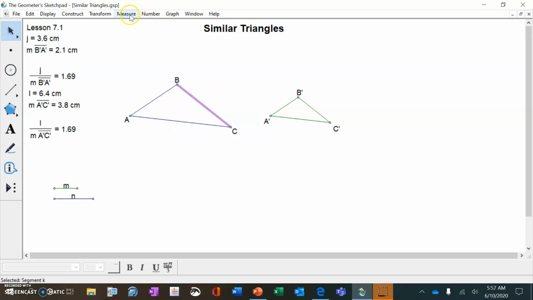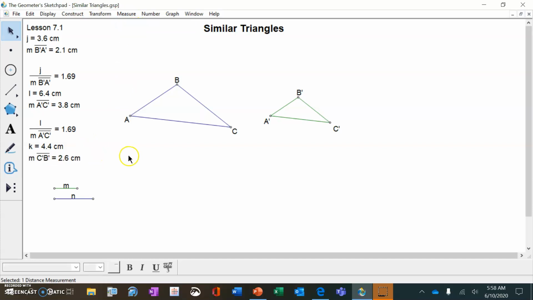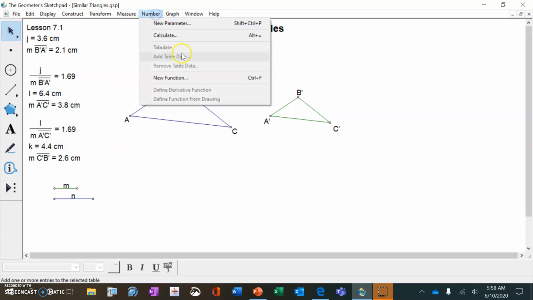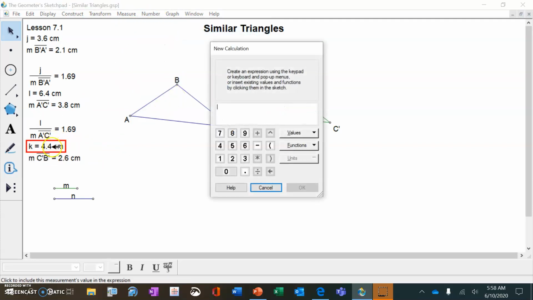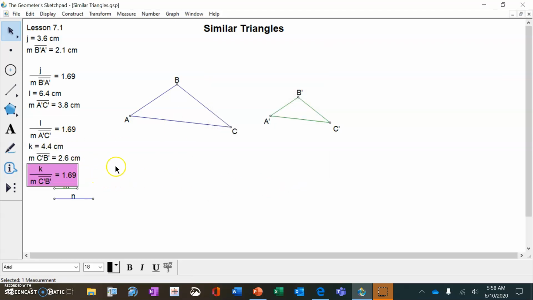This is side BC. I'll measure that. I will measure its corresponding side in the similar triangle. Then I will take my calculator and say the left side divided by the right triangle side, and no surprise, I get 1.69.